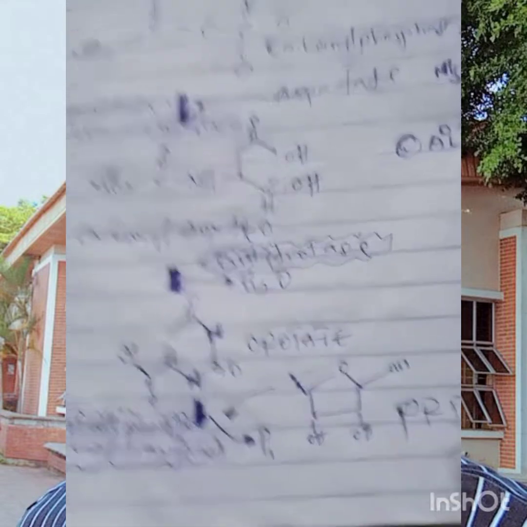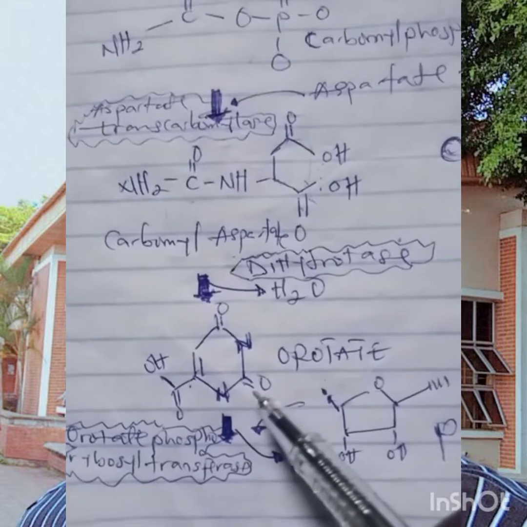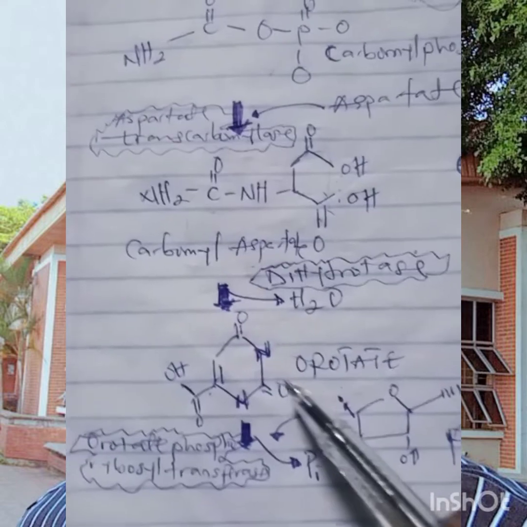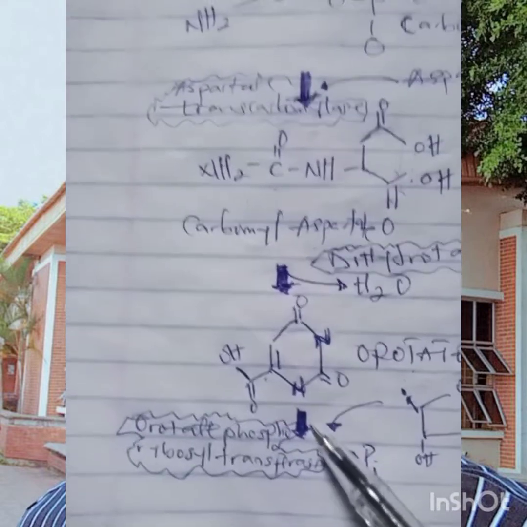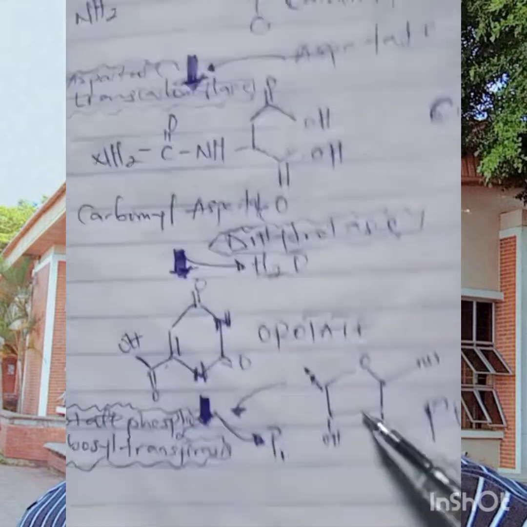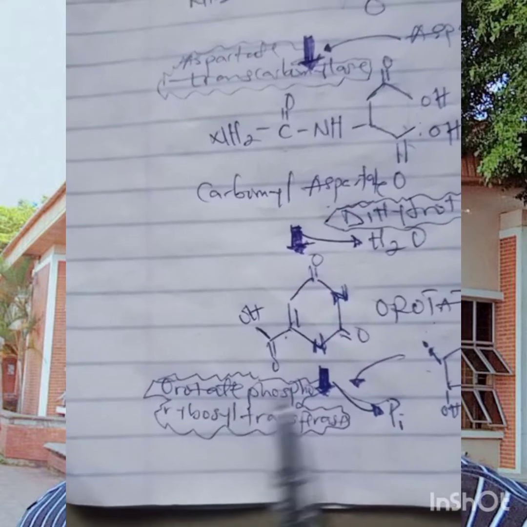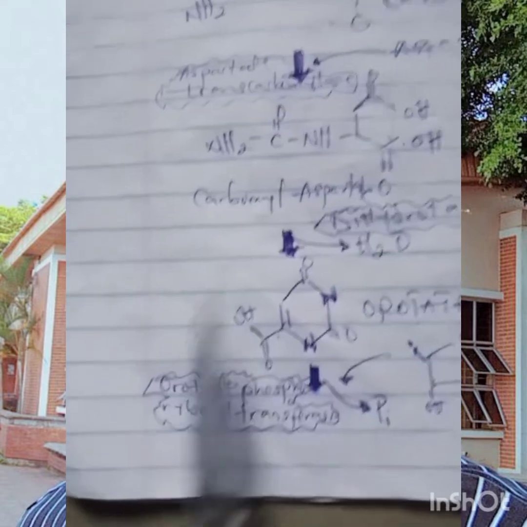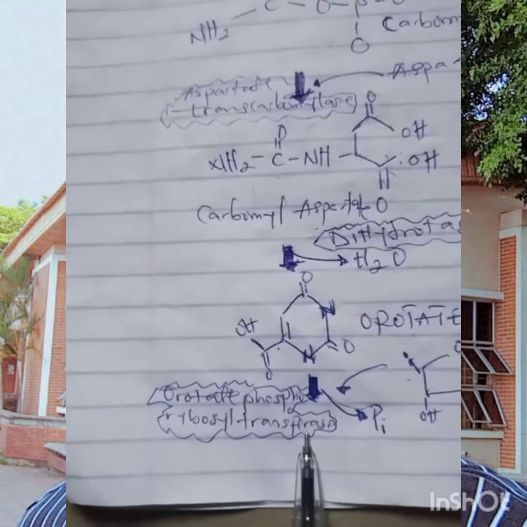So we have to add this structure of PRPP into this reaction with the compound orotate. In this reaction, we need to remove one phosphate from this PRPP, and this process is catalyzed with the help of the enzyme called orotate phosphoribosyl transferase.